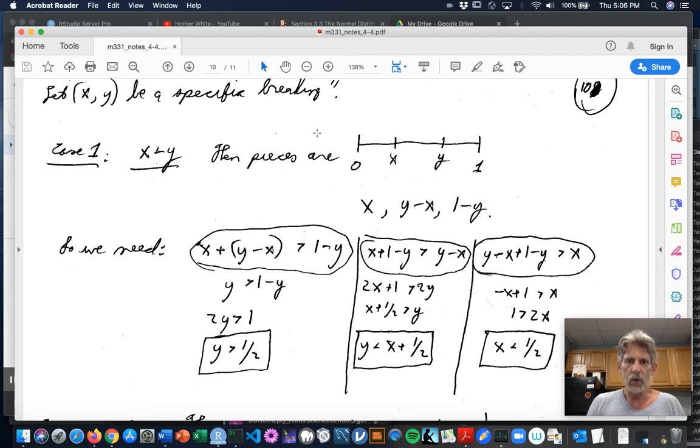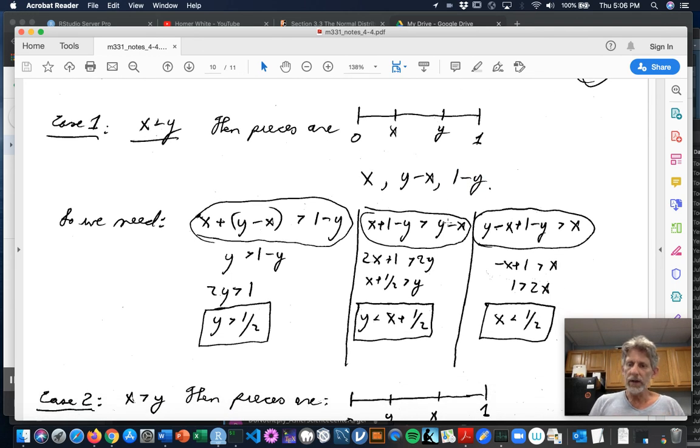If x is less than y, you think about your whole stick as the thing from 0 to 1 here, then the breaks have x to the left and y to the right. And so your three pieces, there's one of them that would have a length of x minus 0, or x. This middle one would have a length of y minus x, and this right-hand one would have a length of 1 minus y.